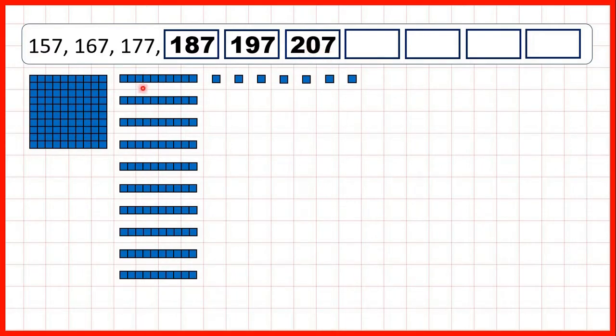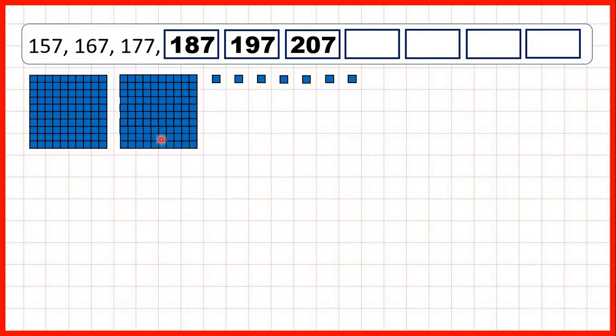That's because we now have 10 tens, and when we get 10 tens, we always regroup those tens into 100. So that means that we now have 2 hundreds, no tens, and 7 ones, so 207. Notice, because we're adding tens, our ones digit is staying the same, so our ones digit is always a 7.